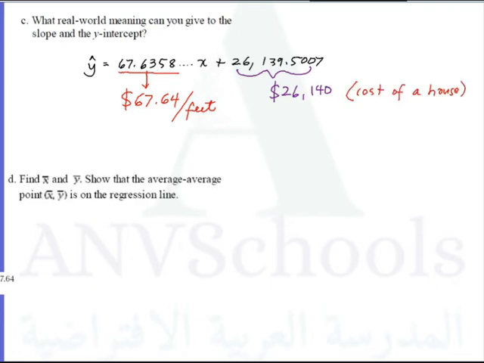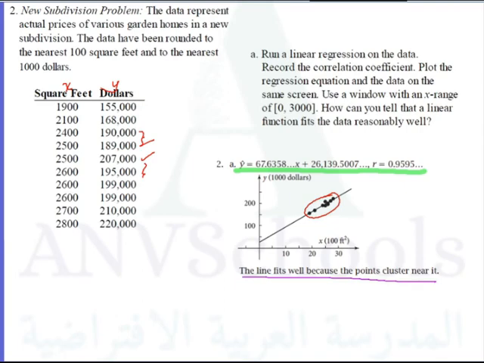Letter D, find x bar and y bar. These are the average point. Okay, average point. And show that the average point lies on the regression line. So our x bar, when we get the values, so let's take a look at our data.